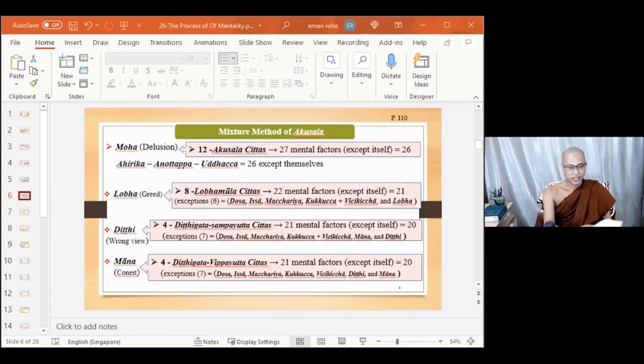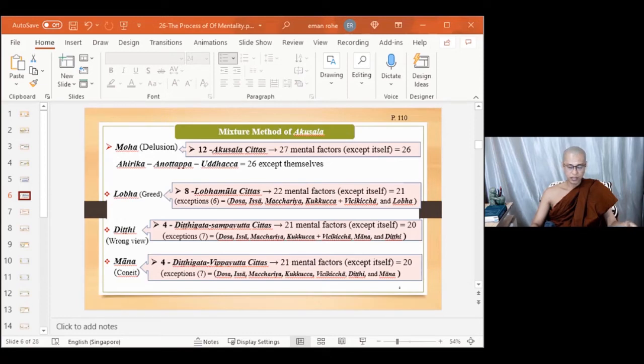Okay, you can get that information in lesson 25. There I mentioned how many mental factors can arise with unwholesome consciousness.